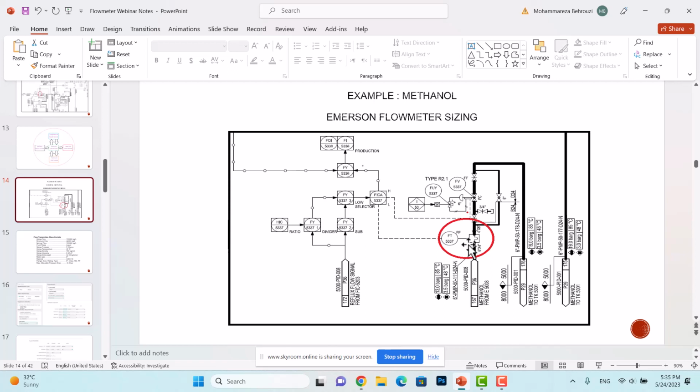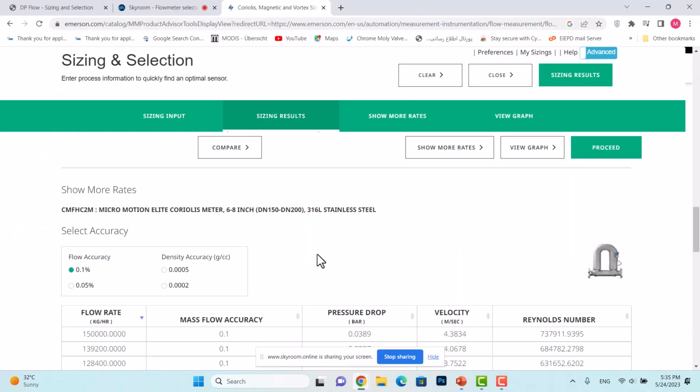So it depends on your engineering companies and your licensors, with whom they are partnering and who their partner is. It depends on a lot of factors. So the finalized one was 4 inches, but if you want to select a product from Emerson, it suggests that, for instance, 6 inch is good with this product family.